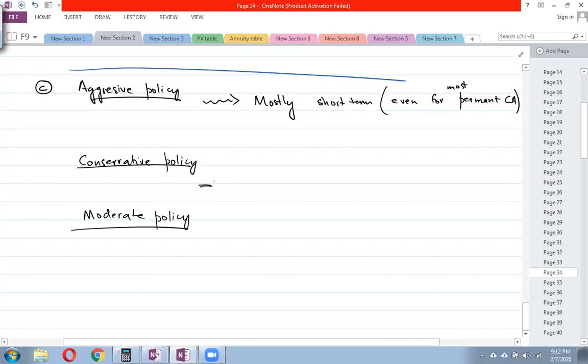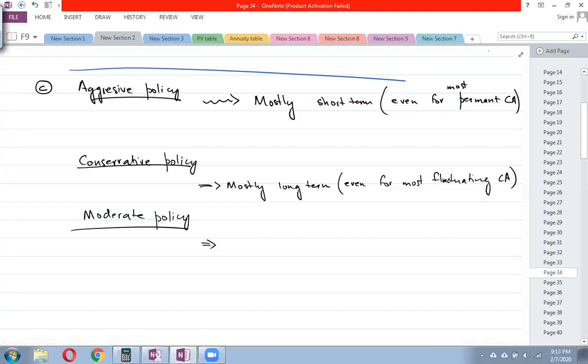Conservative, mostly long term, even for most of the fluctuating current asset, right? And moderate policy, right? Somewhere in between these two.